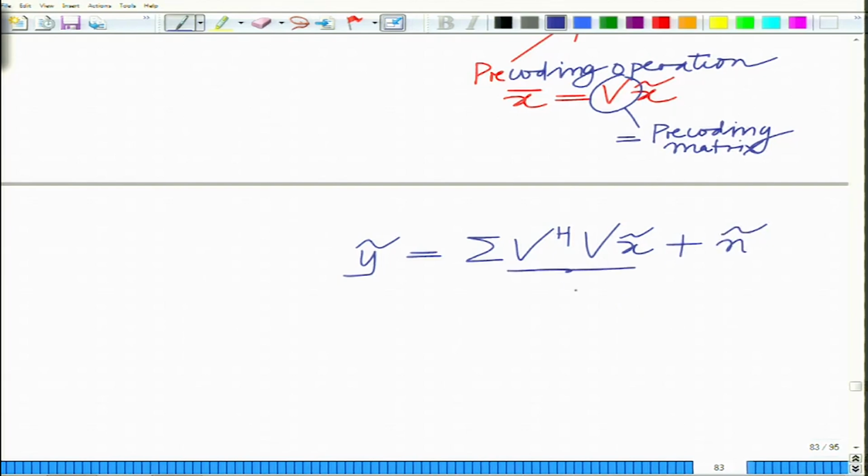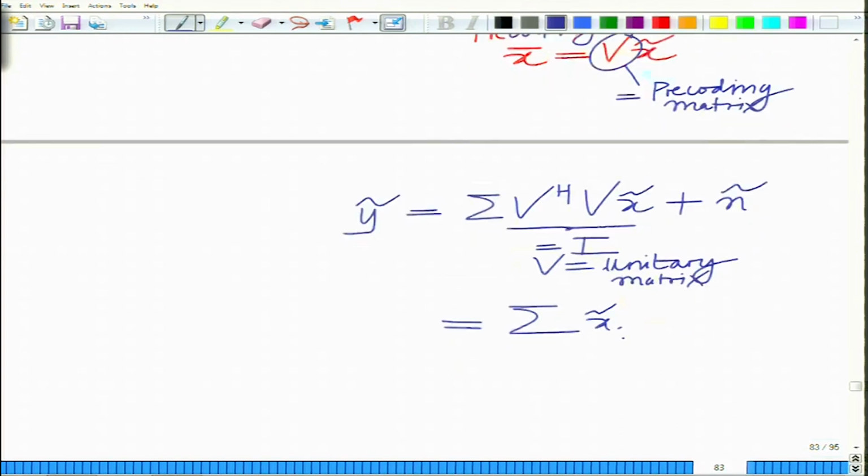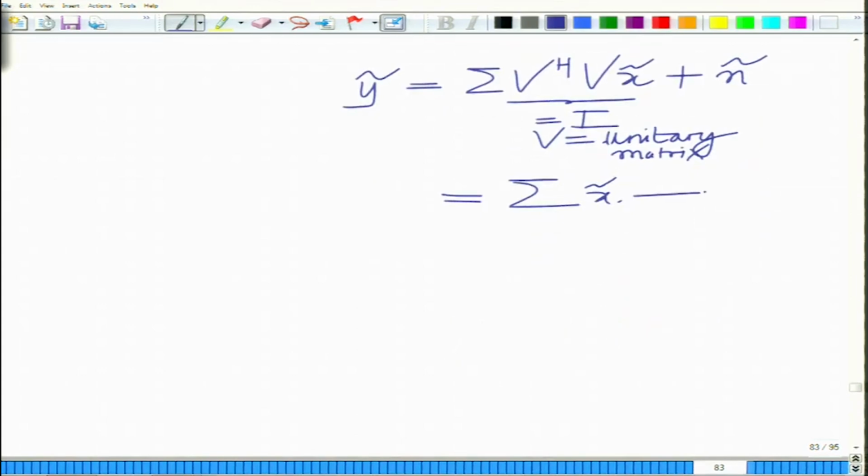Now we use the other property, V Hermitian V equals identity, since V is a unitary matrix. So, this will become Sigma times x tilde plus n tilde.